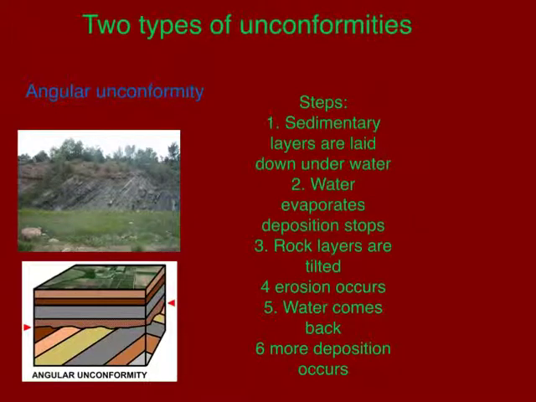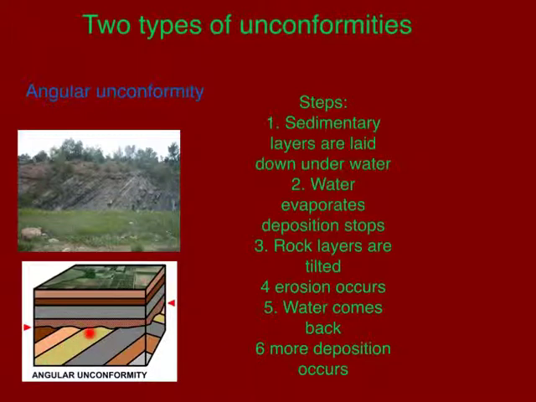Another type of unconformity is called an angular unconformity. That's a little bit more complicated. In this case, the rocks were laid down in a horizontal way underneath the water, and then the rock layers were lifted up, the water evaporated, and so they're exposed to erosion. But before that happened, something happened to tilt the rock layers.